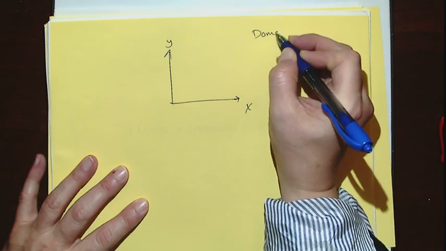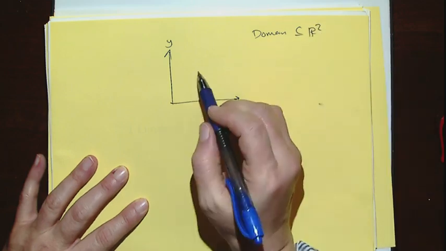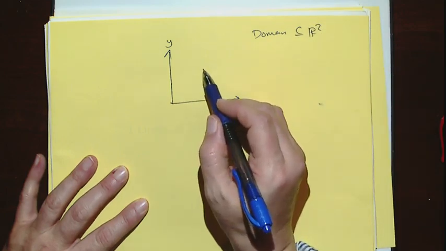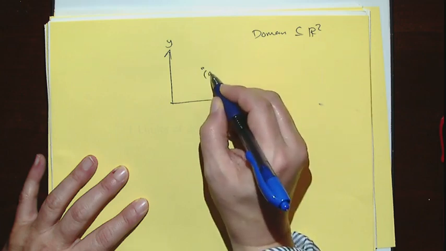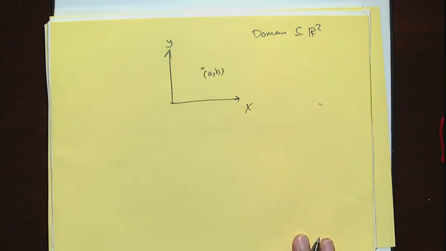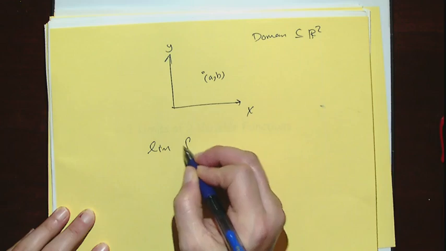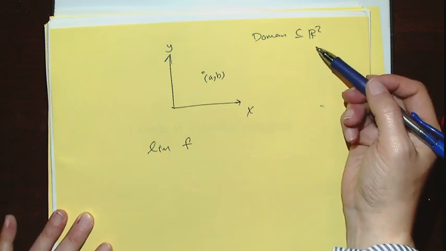The domain is a subset of R2. So a point in the domain is what? I have to do a and b, right? A and b. Now, I'm going to introduce the limit of f, a function of two dimensions.